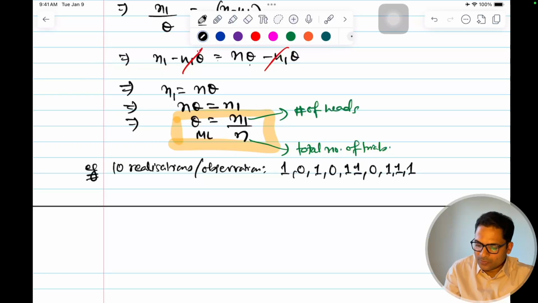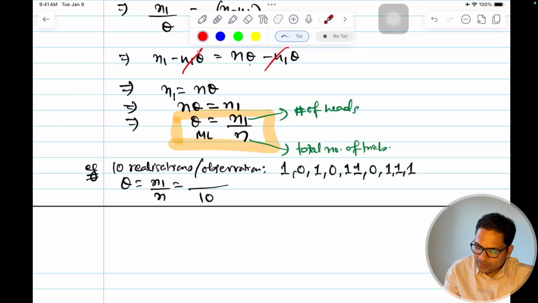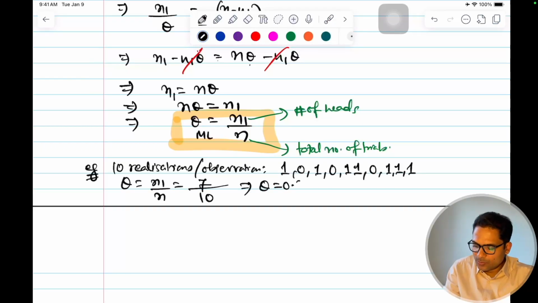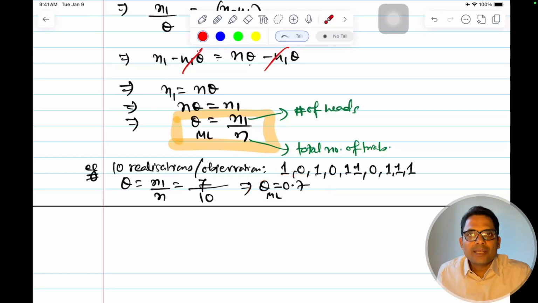So my theta will be the number of ones divided by 10. How many ones are there? 1, 2, 3, 4, 5, 6, 7. This implies theta is equal to 0.7. This is my theta maximum likelihood. So theta ML is 0.7.